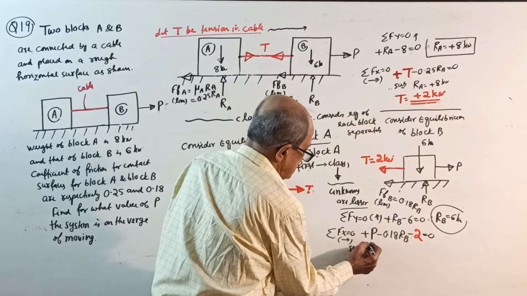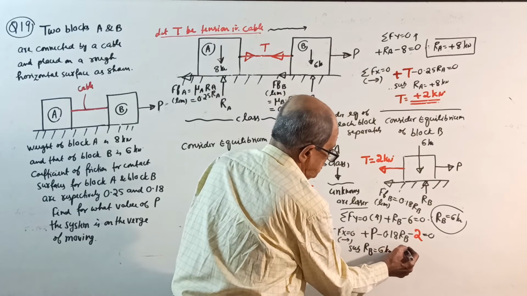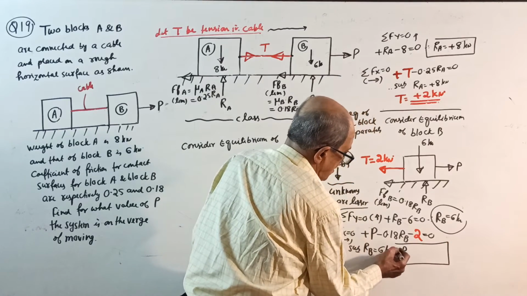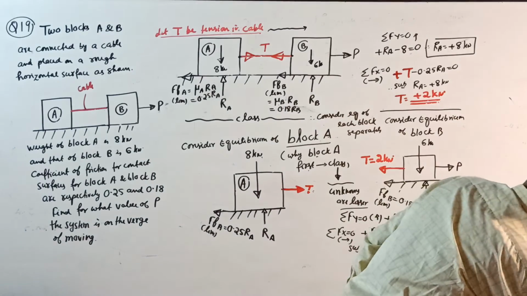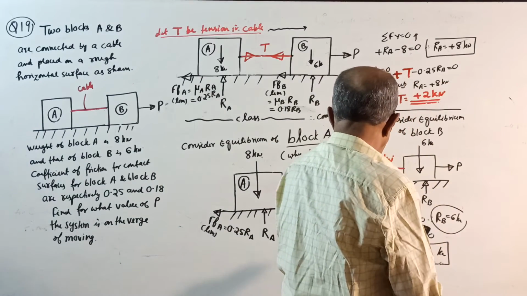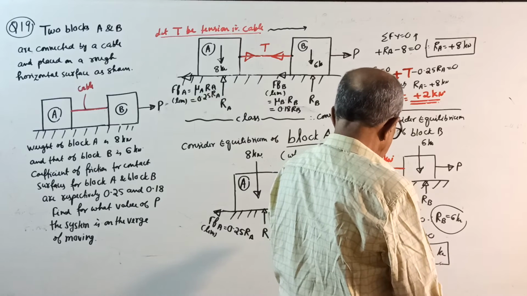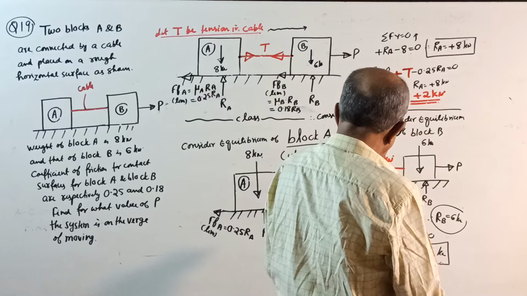Substitute RB equal to 6 kilonewton, and you get the value of P when the block is just moving. So 0.18 into 6 is 1.08, correct?